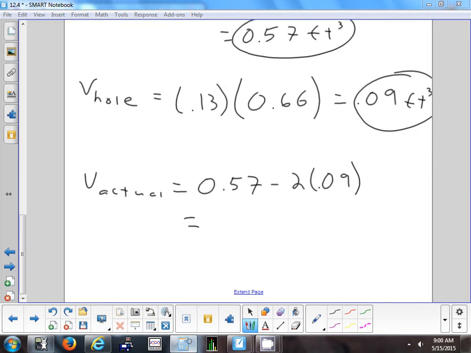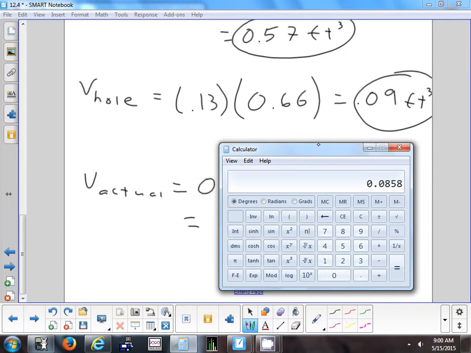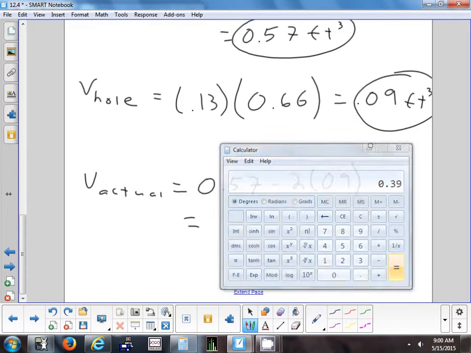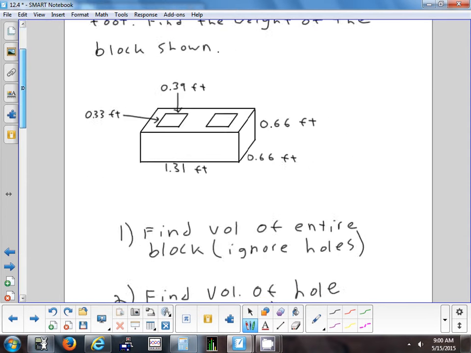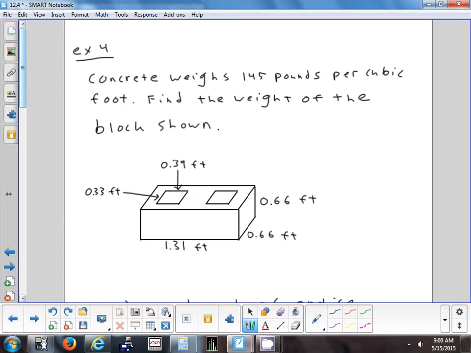Okay, so let's see how much concrete we actually have. 0.57 minus 0.18. So it's 0.39, roughly, cubic feet. So now the whole goal here was how much does that weigh? Concrete weighs 145 pounds per cubic foot. So do we have more or less than 145 pounds?